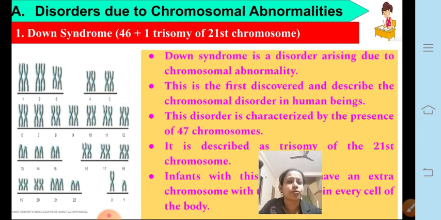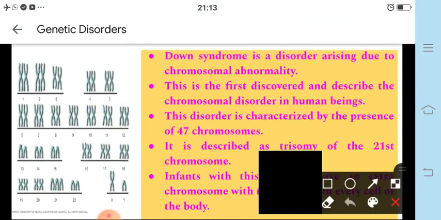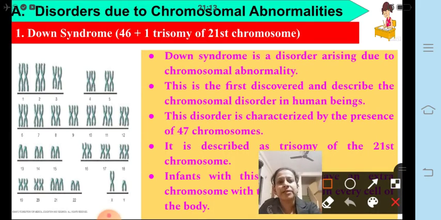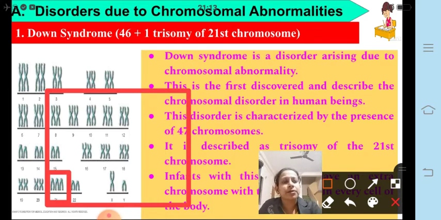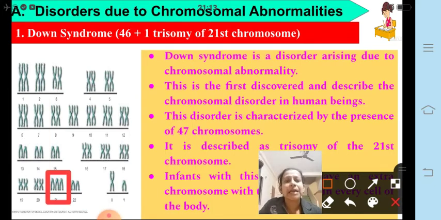And where is that chromosomal abnormality? You can see in this picture over here, this one, that is the 21st pair. Okay, the 21st pair has 3 chromosomes instead of 2.